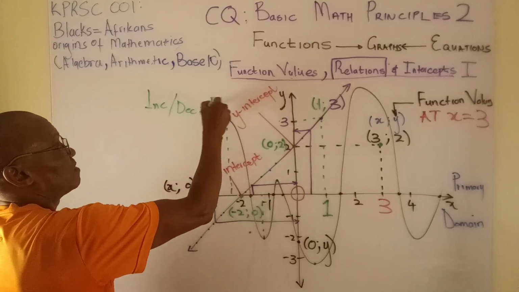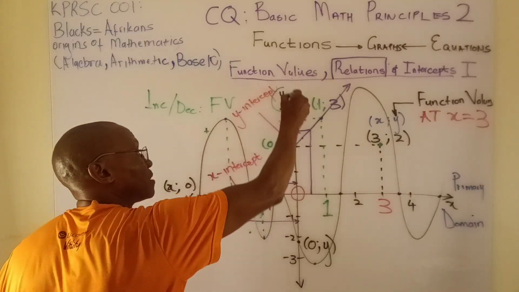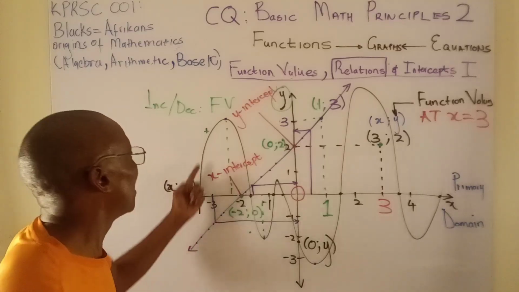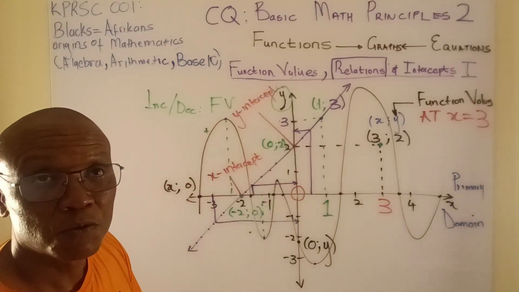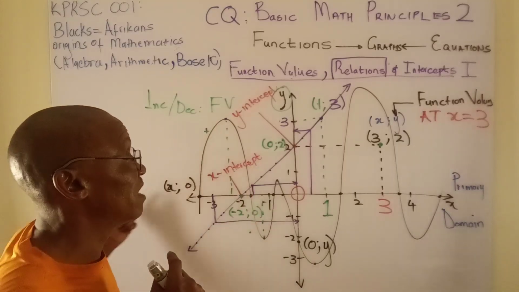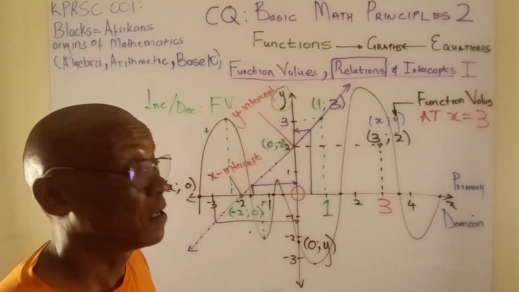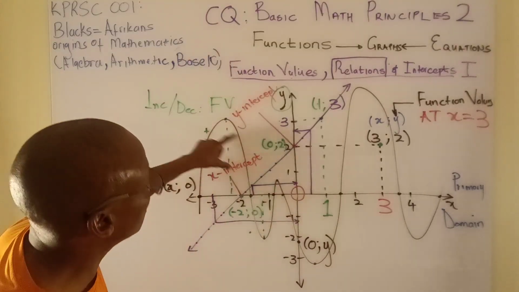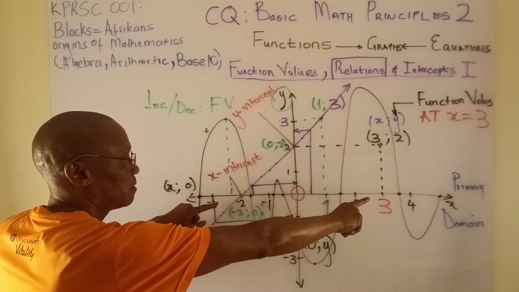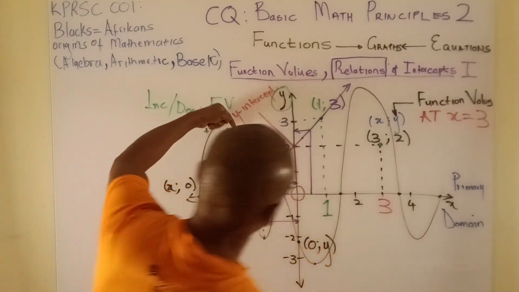Speak about the function value, meaning these guys. The values of y, the function values, the values of a function are going up. As I go from left to right, as I increase, it also increases. Or as I increase from left to right on the x-axis, it's going down.